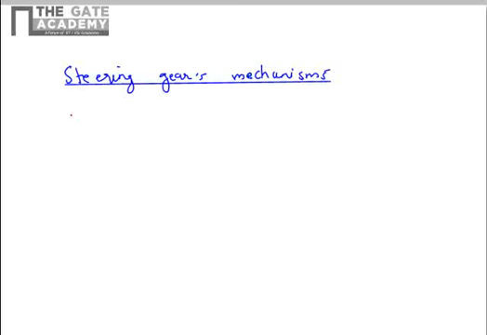After discussing the straight line motion mechanisms, we come to another category of mechanisms which are used in steering gears. Those mechanisms are known as steering gear mechanisms. The steering is considered here in relation to 4-wheeled vehicles. So I'll just draw a sketch to explain what is special about a steering mechanism.